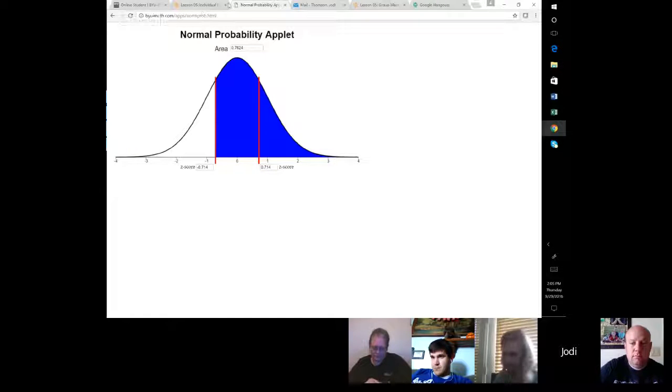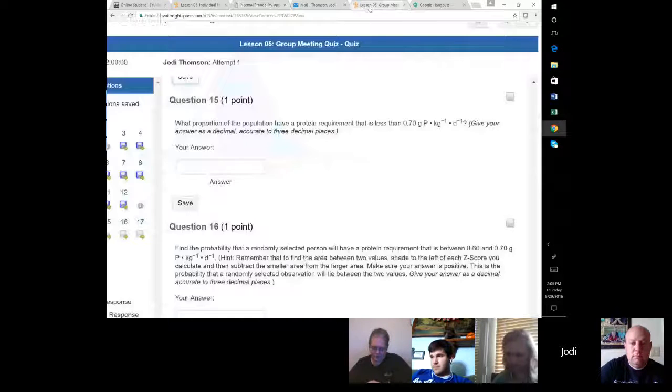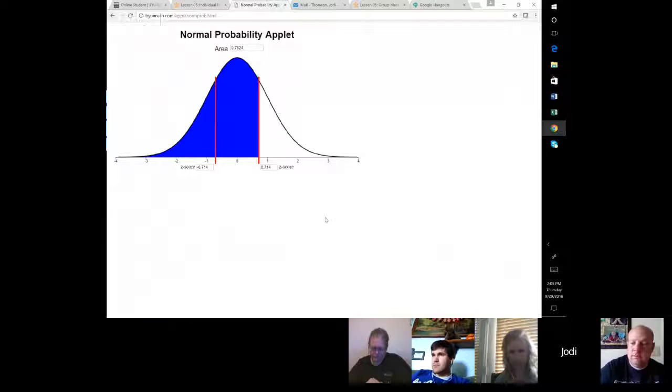Did the question ask for more than? It's less than. So you have to select the middle and the left part. Which would have been the same thing, 0.7624.